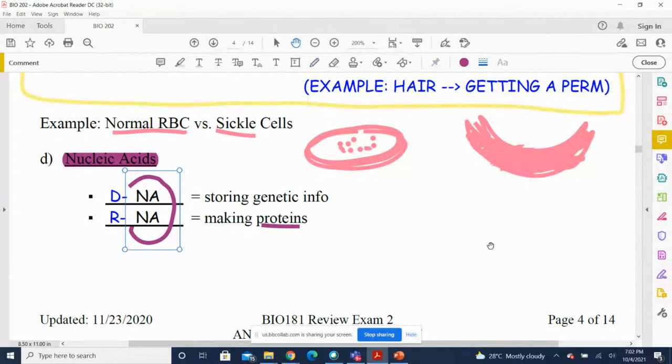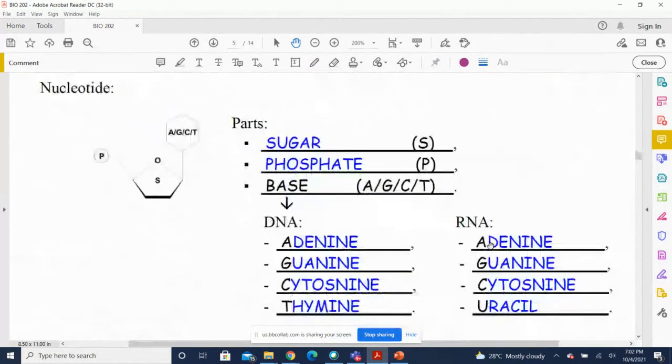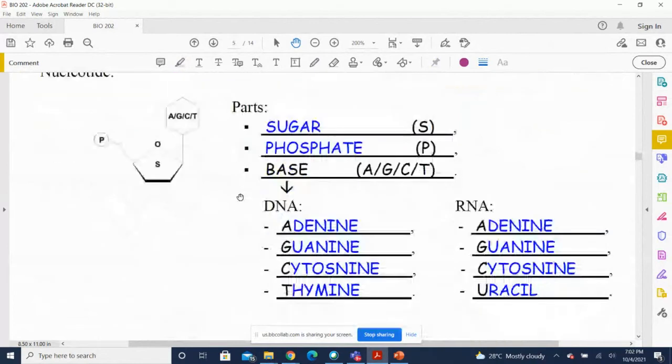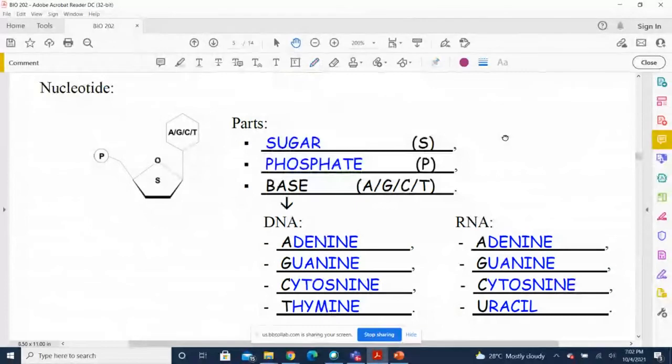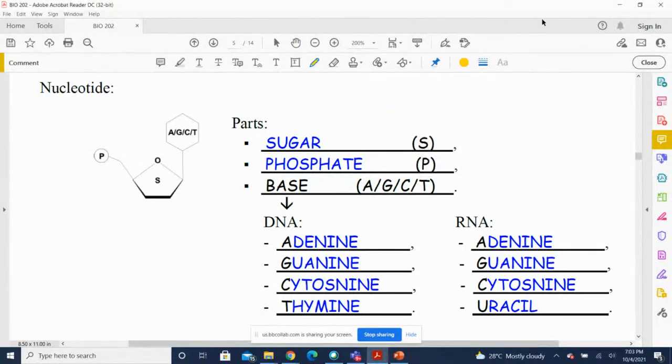So that's our first chapter, and everything that I think you need to know about those. On that chapter, I also went through a nucleotide, the single element that makes these nucleic acids. And what we end up seeing when we look through the structure of a single nucleotide is, again, this familiar shape of a sugar that we've seen before.